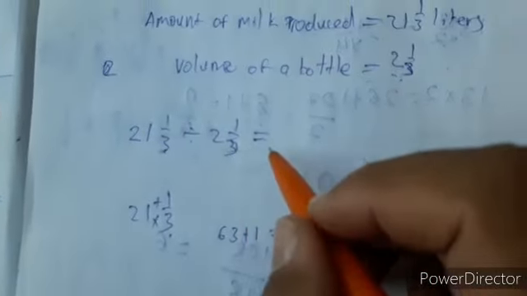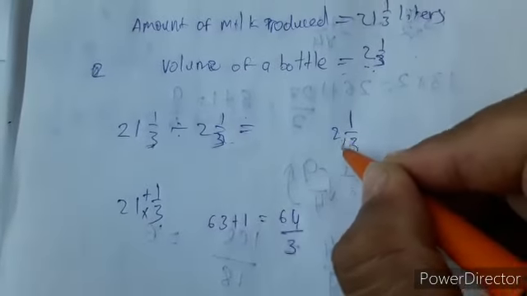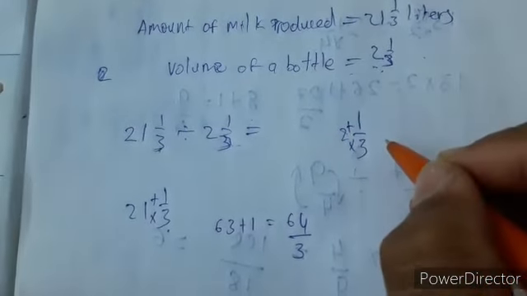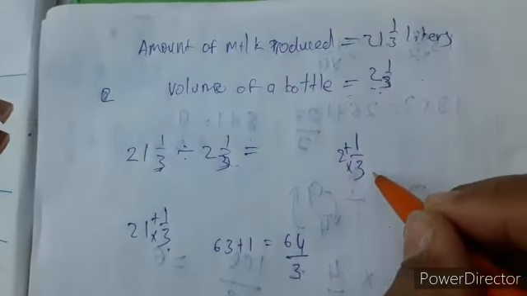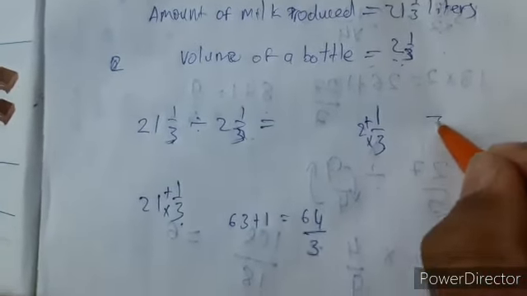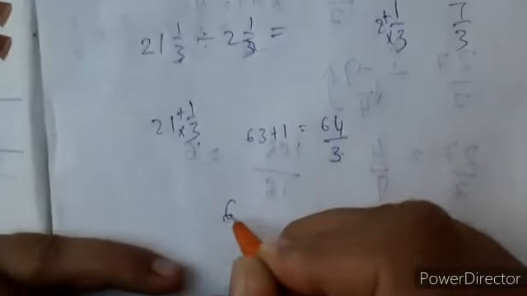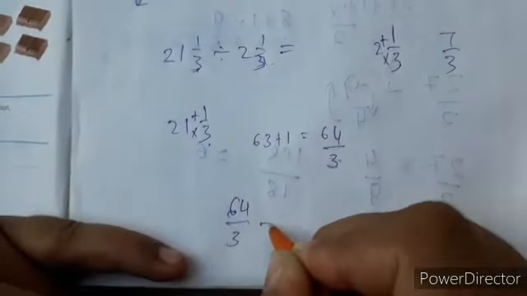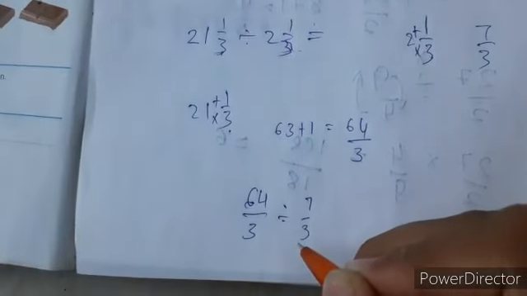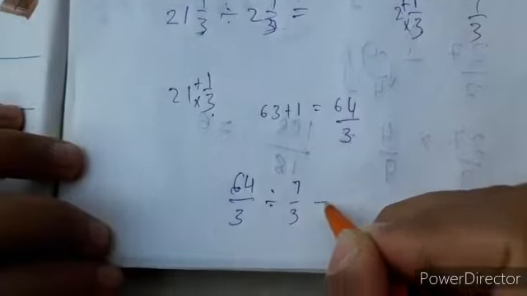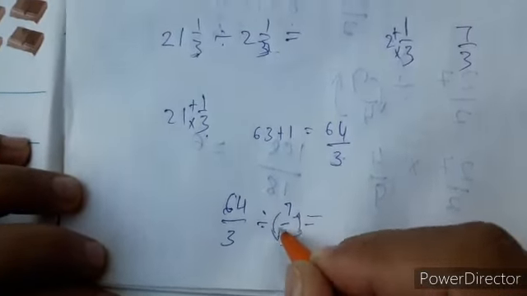Now we'll solve 2 and 1 over 3. 3 times 2 is 6, plus 1, which is 7. So 7 over 3. So if we are to solve it, 64 over 3 divided by 7 over 3. First we'll start by finding the reciprocal, as we told you.